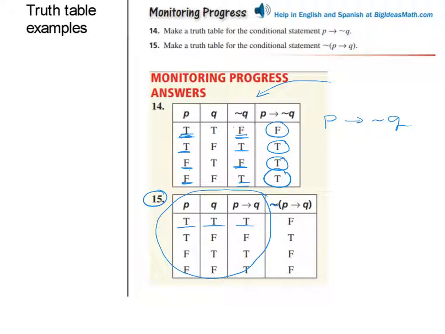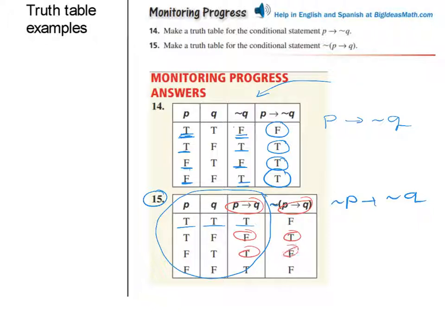And it's just like the distributive property. Really what you're looking at is not P and not Q. So if they're both true, and if P not Q, then it's just going to be the opposite of what you see. If this is true, this is false. If this is false, this is true.